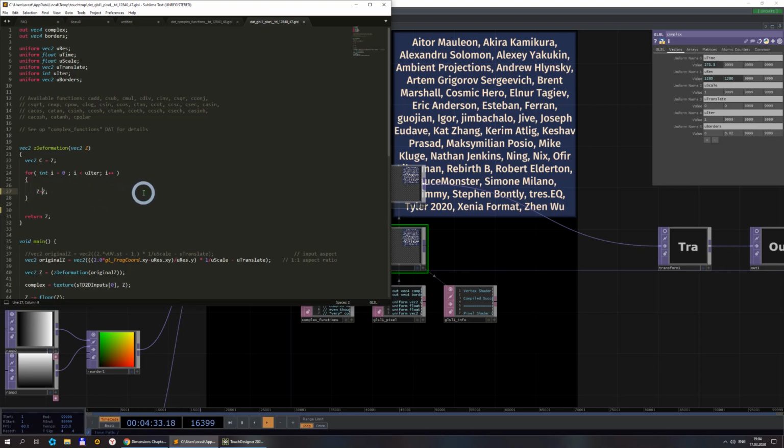We have Z equals Z, and I forgot to mention that the standard name for this kind of workflow is complex number Z. I don't know where it comes from, but it's a standard notation, and so I use it. Z equals Z.